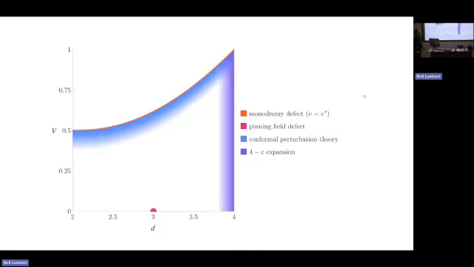So, for example, we have a 4 minus epsilon expansion, where we can look at this in the neighborhood of 4 dimensions, where our bulk coupling becomes small. We have conformal perturbation theory, because as we approach here, our operator is only marginally relevant. Along this curve, our perturbation is irrelevant, so we should just get back to a monodromy defect.